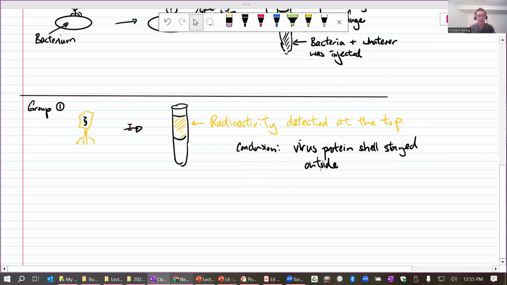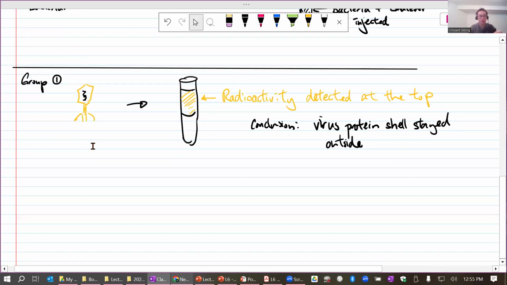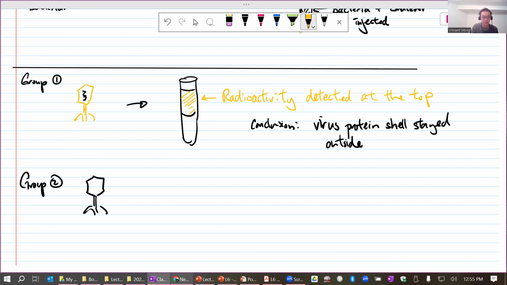Okay. So what about group 2? What if they use group 2? In group 2, the shell is not labeled, but the DNA is labeled. Right? So once they spin it down, we would expect the radioactivity to be at the bottom.